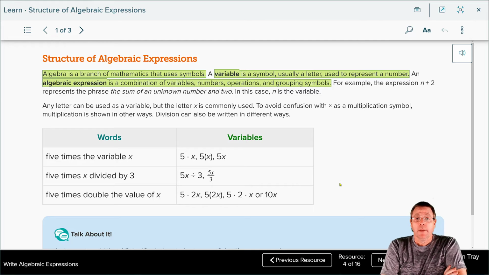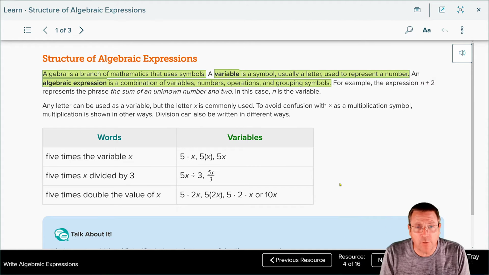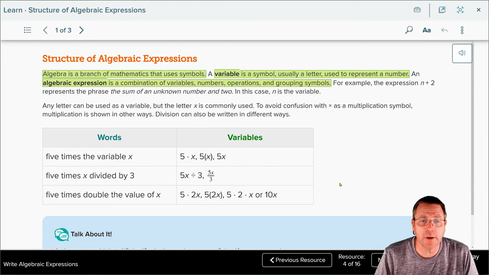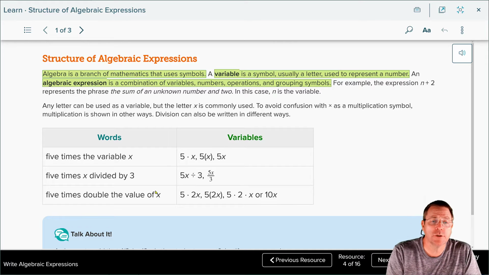It varies. To avoid confusion with x as a multiplication symbol, we now are going to be starting to show multiplication other ways. From this point forward, anytime you have a variable in a problem, an algebraic expression, you can no longer use x, the cross symbol, to represent multiplication.